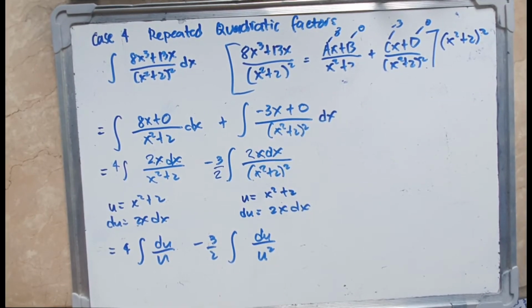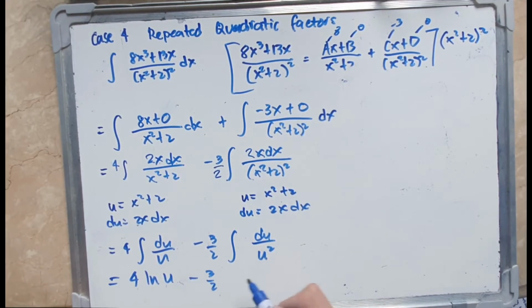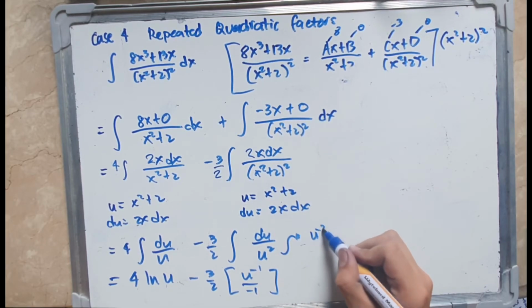Du over u squared. Now let's evaluate. 4 ln of u minus 3 over 2. This is u raised to the power of negative 1 over negative 1. Again, we could rewrite this one as u raised to the power of negative 2 du.